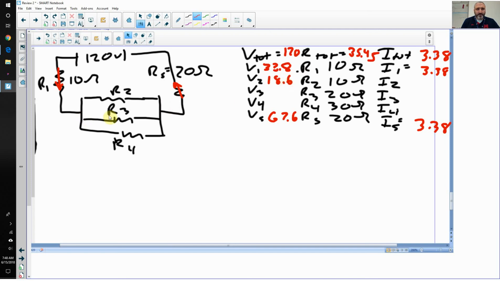If I go through this one, I have to lose 18.6 volts. And if I go through this one, I have to lose 18.6 volts, because if I'm an electron, I have to lose all of my volts no matter what path I take. I'm going to lose 33.8 here. I'm going to lose 67.6 here. So 120 minus 33.8 minus 67.6 equals 18.6.